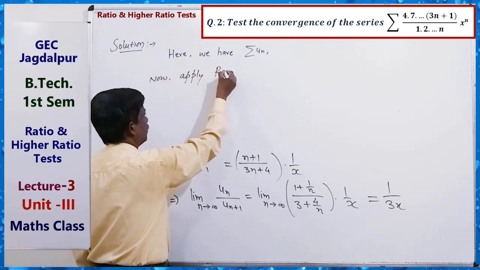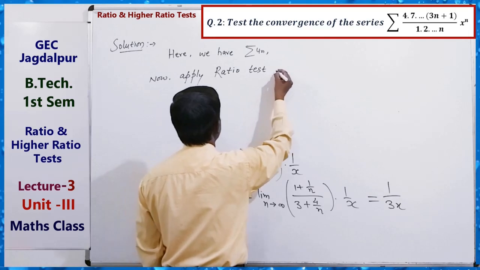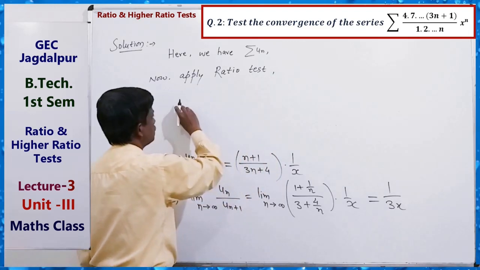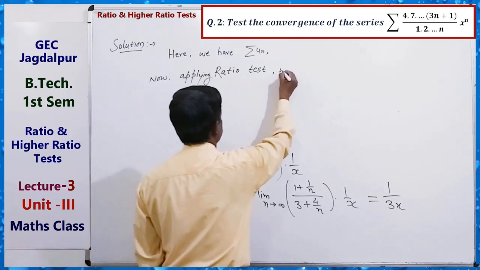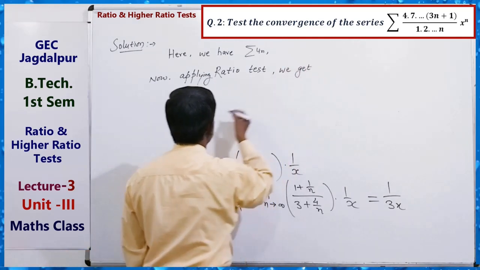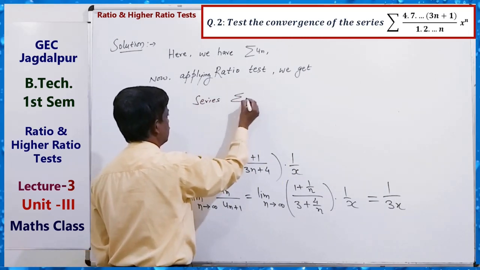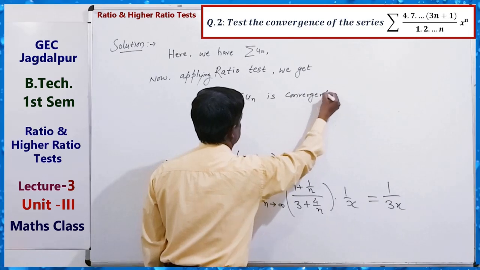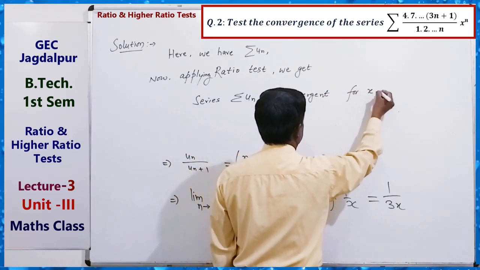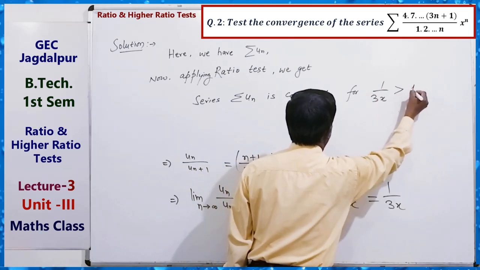Applying the ratio test, we get the series un is convergent for 1 upon 3x greater than 1.